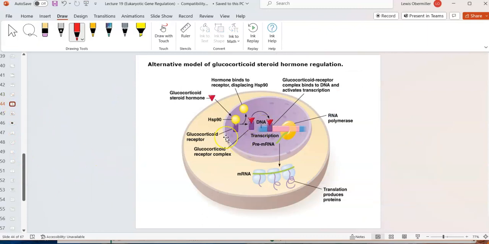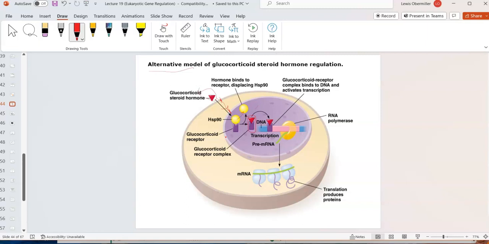Okay, so this is another image showing you what it would be like if it actually was already in the nucleus. It's the same thing. So this is an alternative model. We have the heat shock protein here. Glucocorticoid comes in. It's already in the nucleus, so it has to pass through this membrane and the nuclear membrane. It dislodges the heat shock protein 90, binds to this.